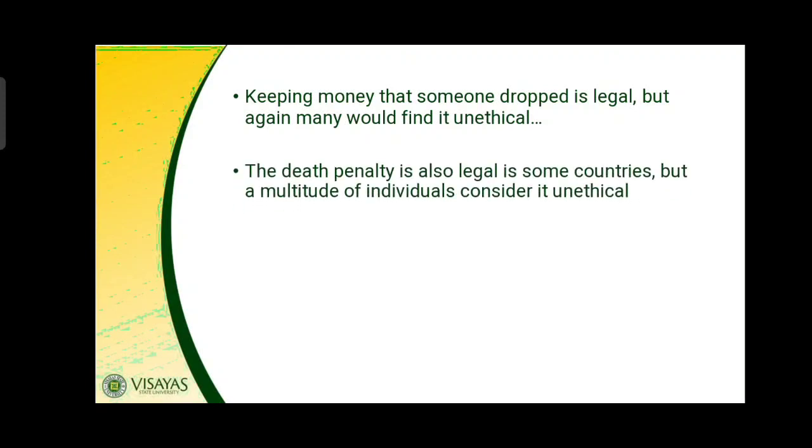The death penalty is also legal in some countries, but a multitude of individuals consider it unethical.